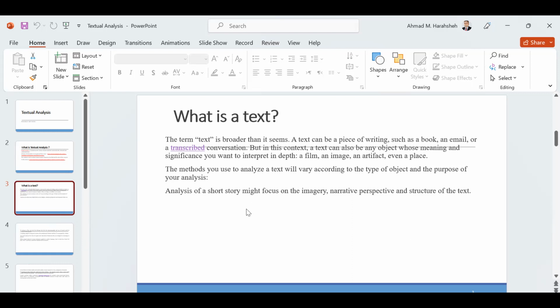We have two types of characters in a short story, in a novel, or in literature in general: flat characters and round characters. Flat characters have a definite role in the literary work. However, a round character is changeable during the story or the novel.